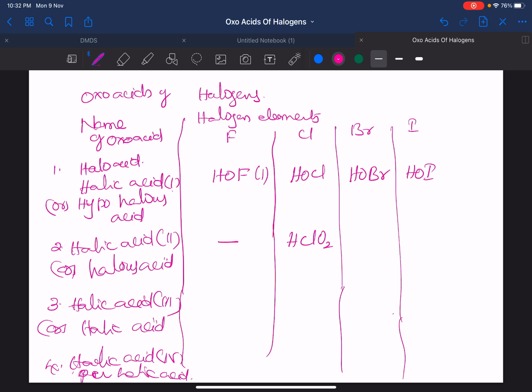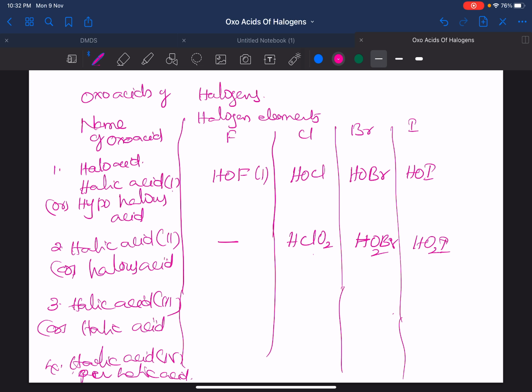Bromine and iodine also give HBrO2 and HIO2, bromous acid and iodous acid.